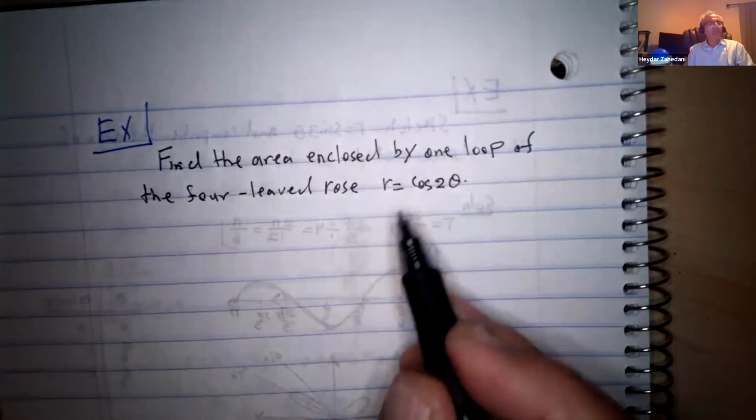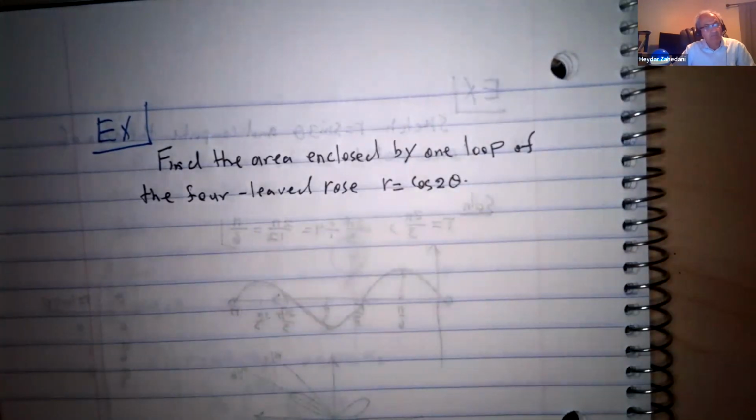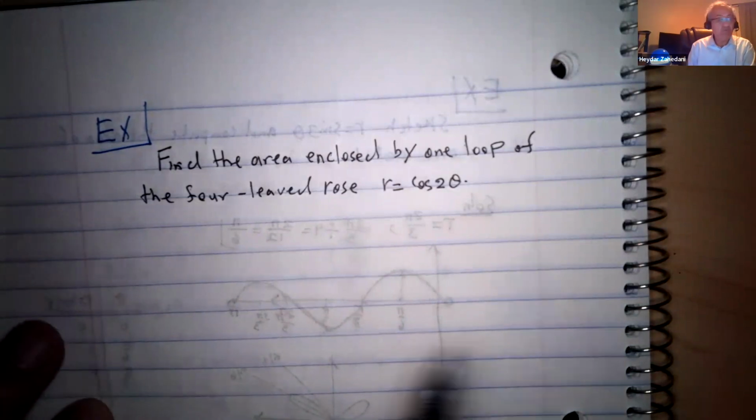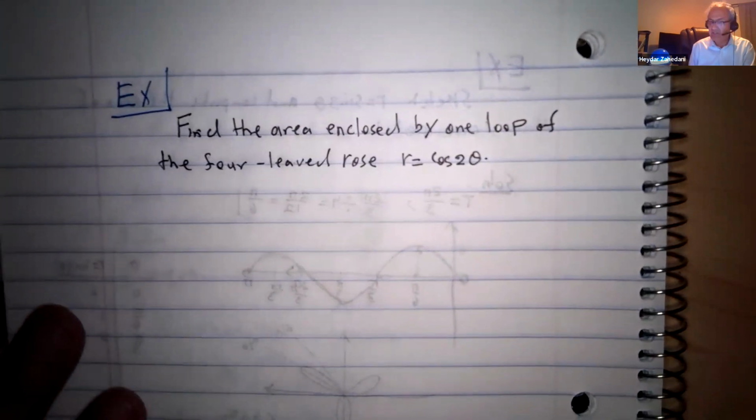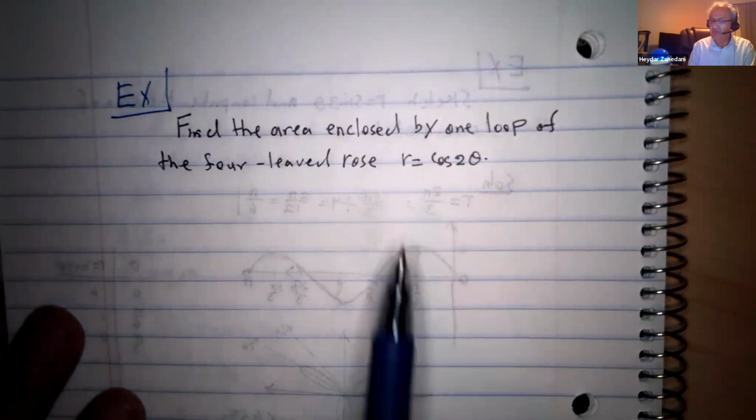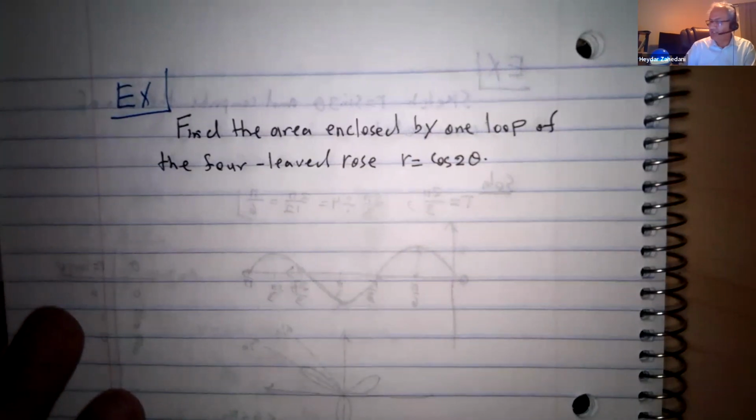Remember, when the coefficient is even, you multiply it by 2. 2 times 2 would be 4. So you are going to have 4 petals for this graph. Again, you must know in advance the limit of integration. It's very important for us to see when one of these loops would appear.